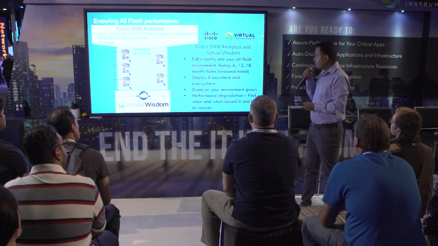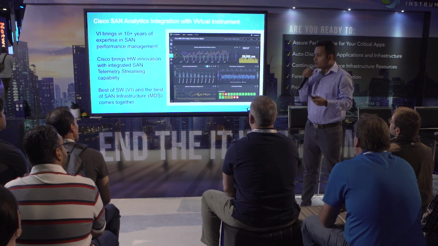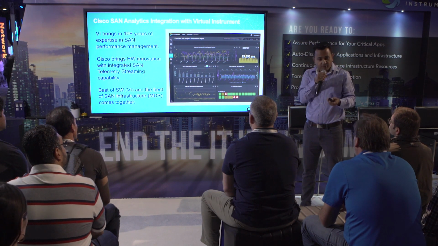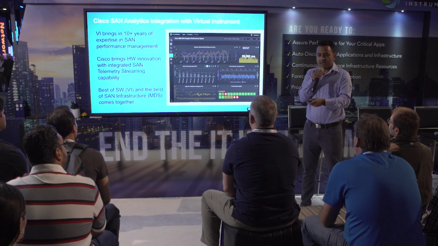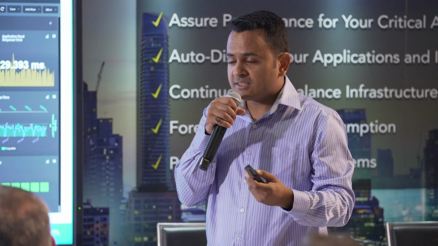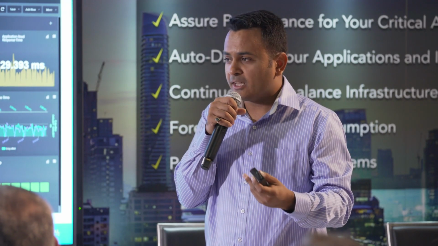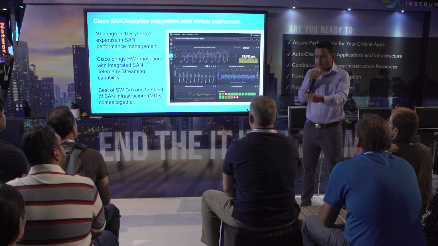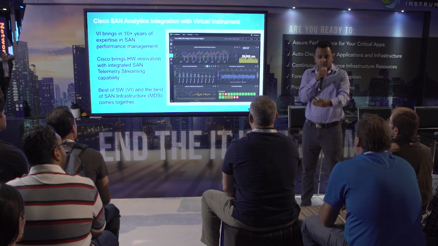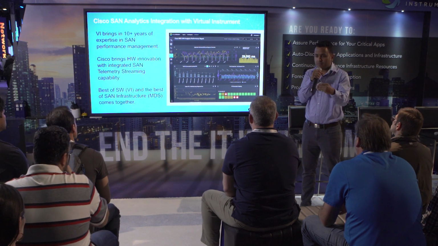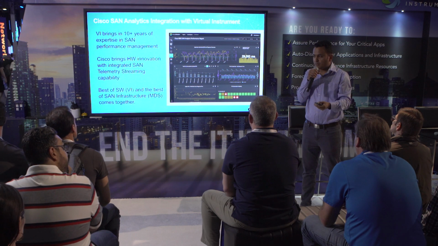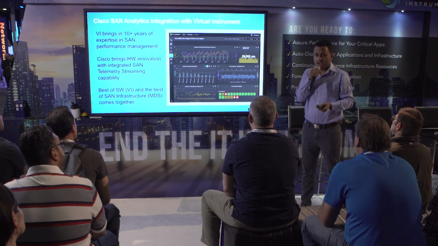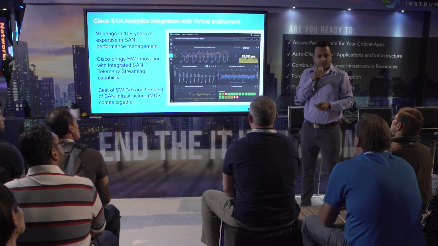So overall, the integration between the Connectrix MDS product line and VirtualWisdom is essentially the best of hardware and the best of software coming together. If you are operating an all-flash array that's certified for high performance and you're not getting that performance, then what is the reason for that, and how can you solve it, right?